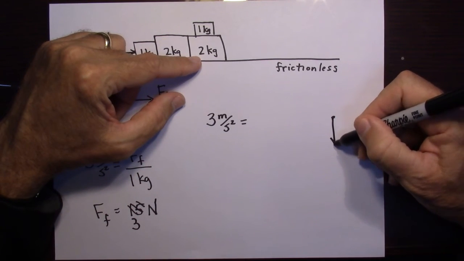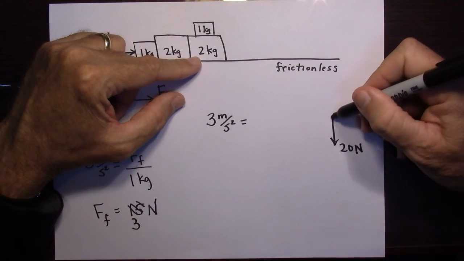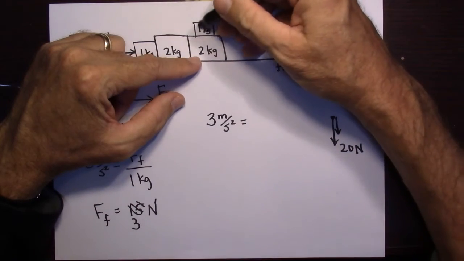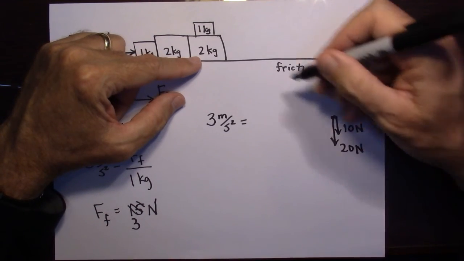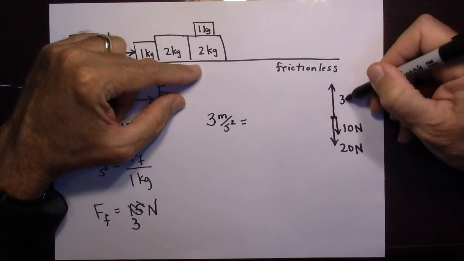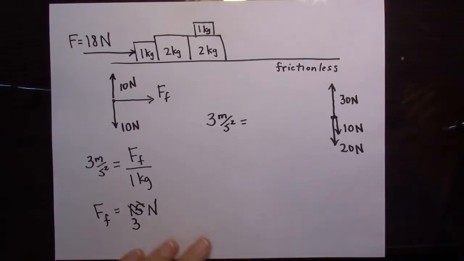There's 20 newtons down, the Earth's pulling on the block with that much force, the force of gravity. There's a normal force pushing down from the 1 kilogram with 10 newtons. The frictionless table is pushing up with 30 newtons. I know that because they have to balance out, because it's not accelerating up or down.